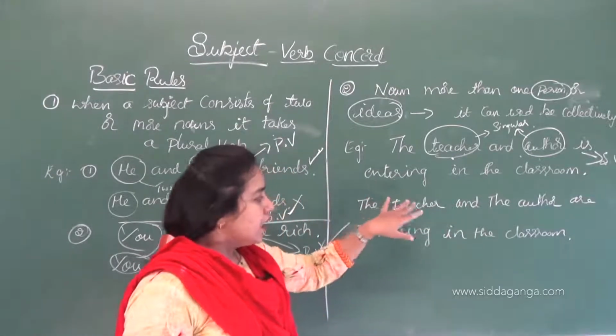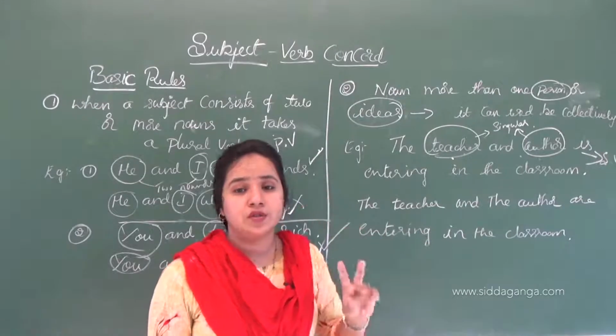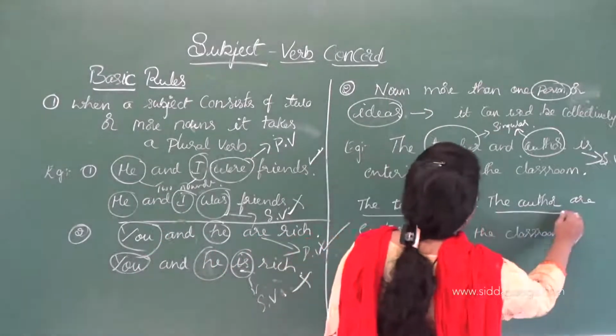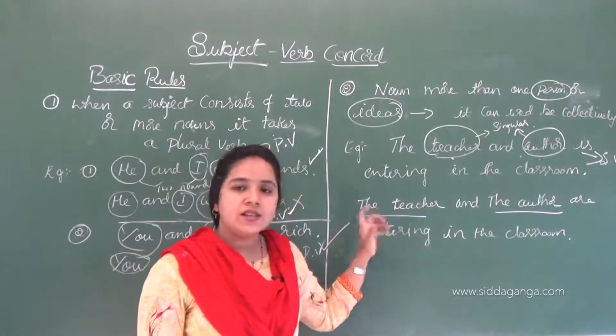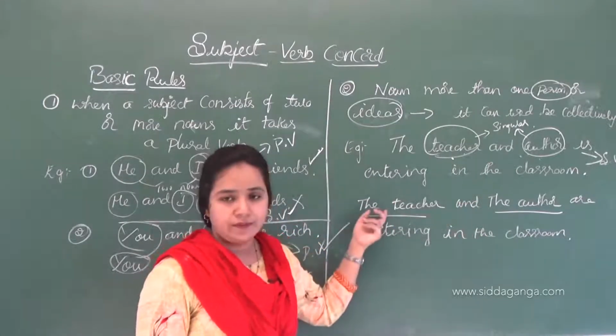Here, it is not telling about only one single person. It says about two persons, two nouns, the teacher and the author. Why? Because the teacher is a separate person and the author is also a separate person. They are not one.